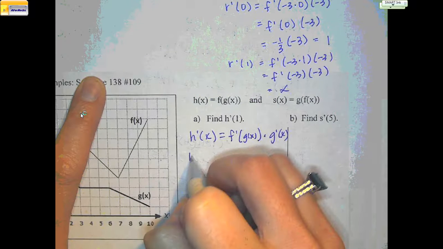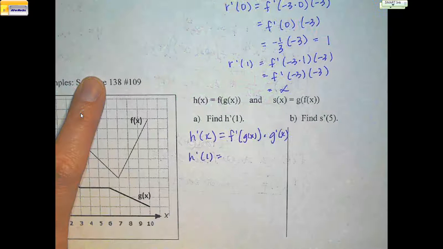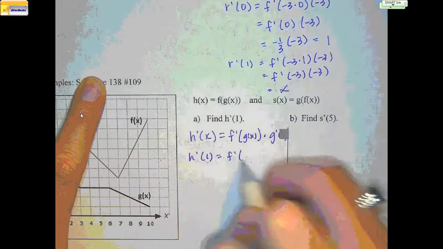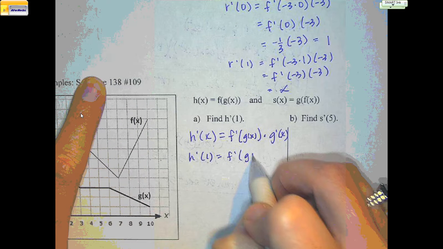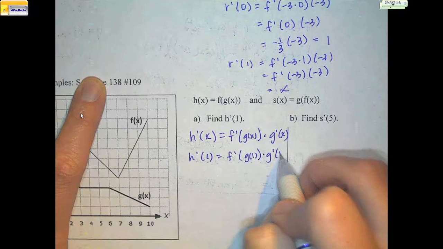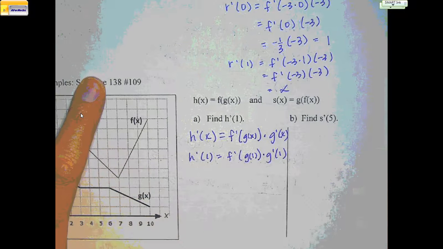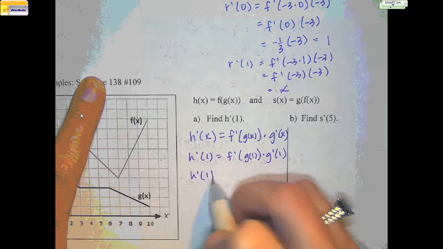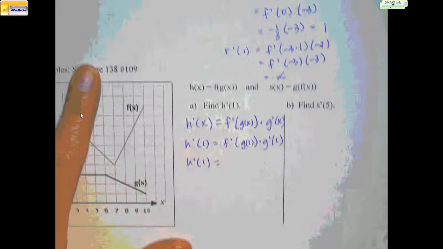So now we find the derivative of h at 1, and everywhere I see an x, I put a 1. And then we just have to look at our picture to figure this out.